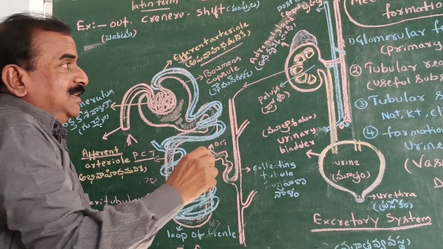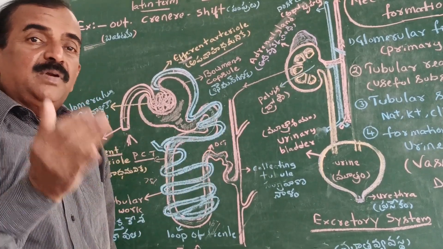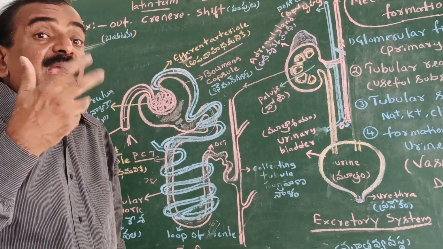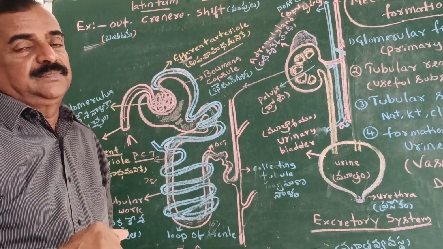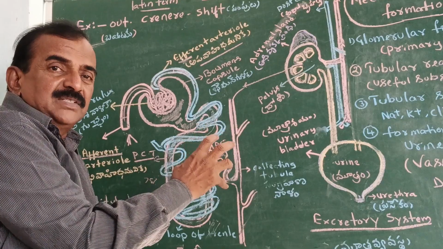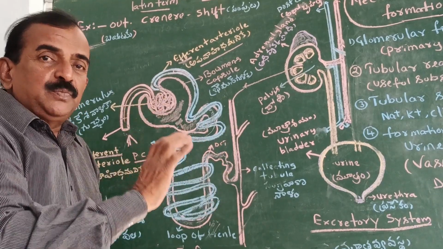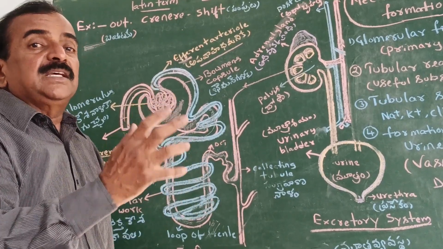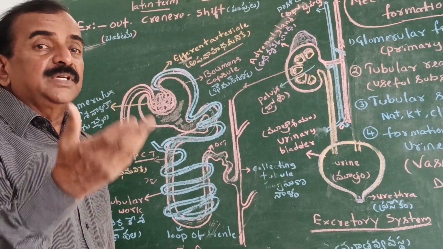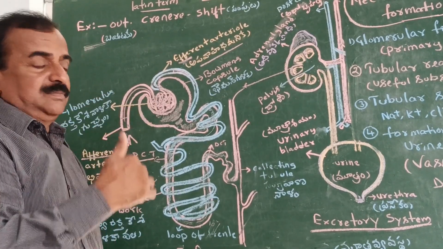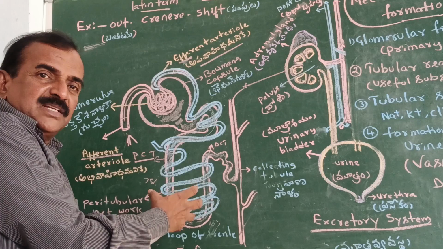A kidney consists of 1.3 to 1.8 million nephrons, and these nephrons, the uriniferous tubules, are called the structural and functional unit of the excretory system, and these are the main structures.